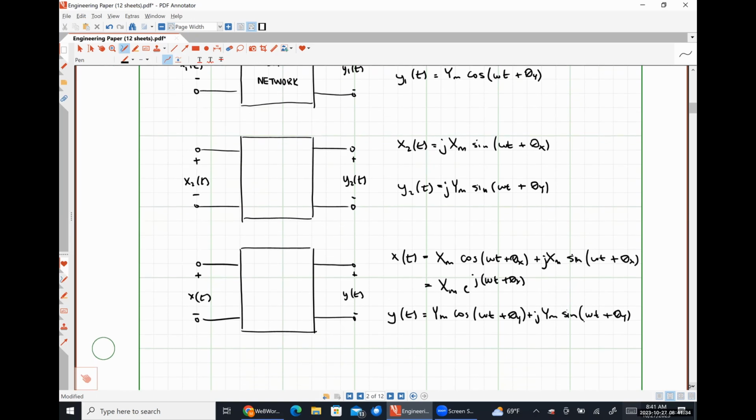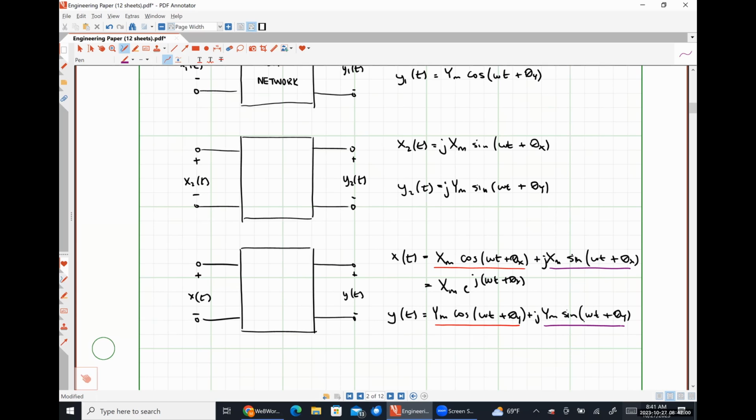So what's really, really interesting about this is that the real portion of our input gives us the real portion of our output, and the imaginary portion of our input gives us the imaginary portion of our output. There is no mixing of anything.